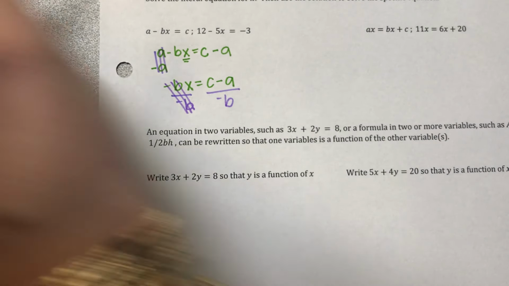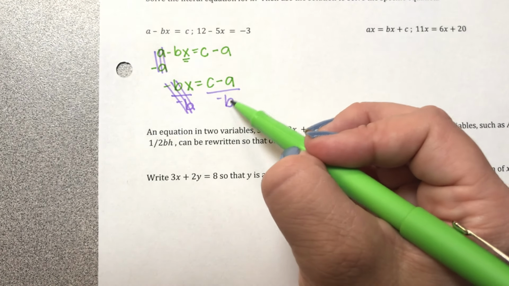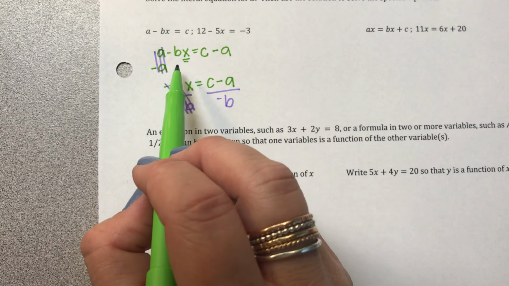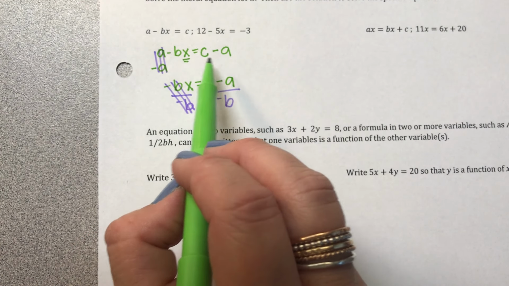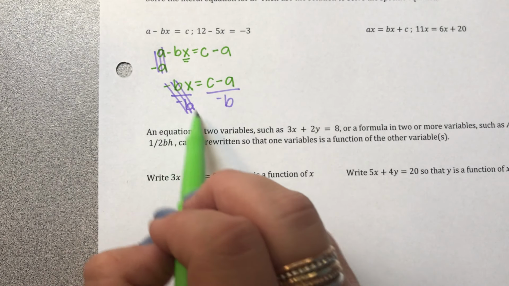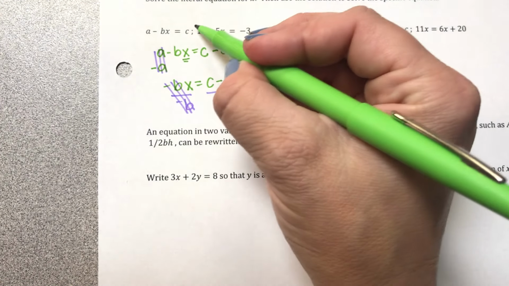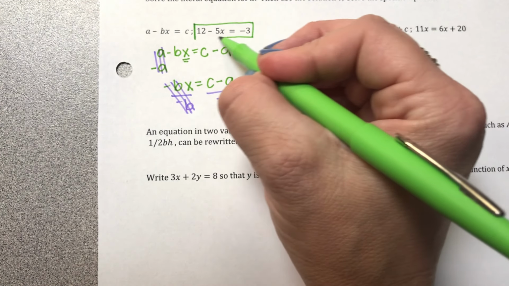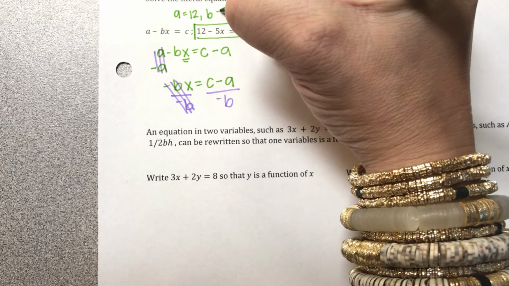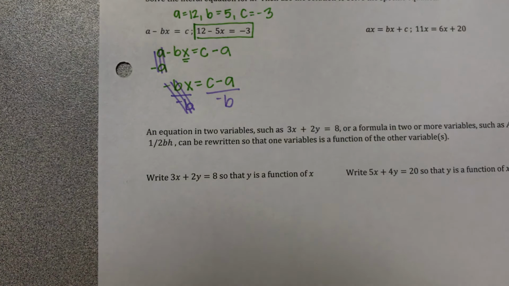And look what I'm left with. x = (c - a)/(-b), right? So look at it one more time. I subtracted a from both sides to get -bx = c - a, and then I divided both sides by -b. So now, looking at this equation right here, a is 12, b is 5, and c is -3.